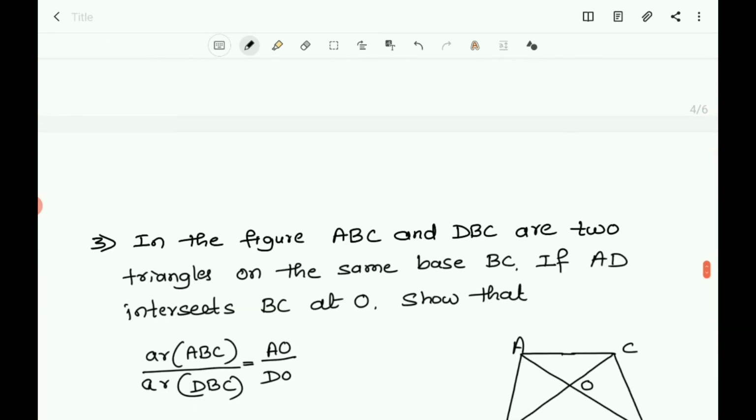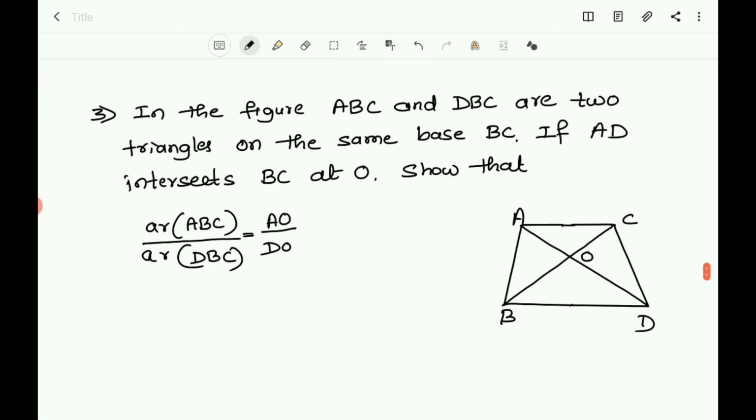Now let us take the next question, that is the third question. In the figure, ABC and DBC are two triangles on the same base BC. If AD intersects BC at O, show that area of triangle ABC by area of triangle DBC is equal to AO by DO.